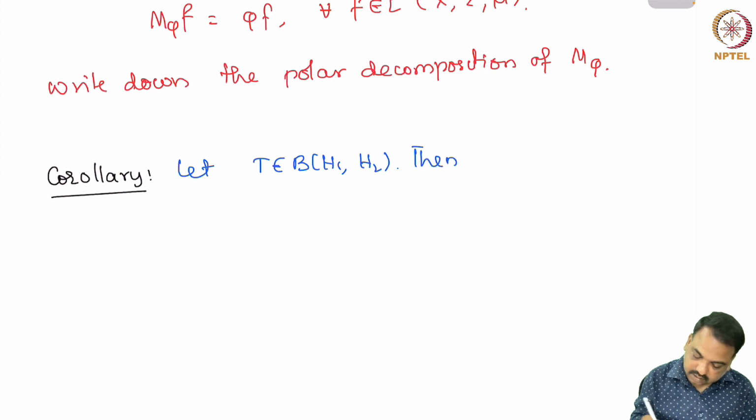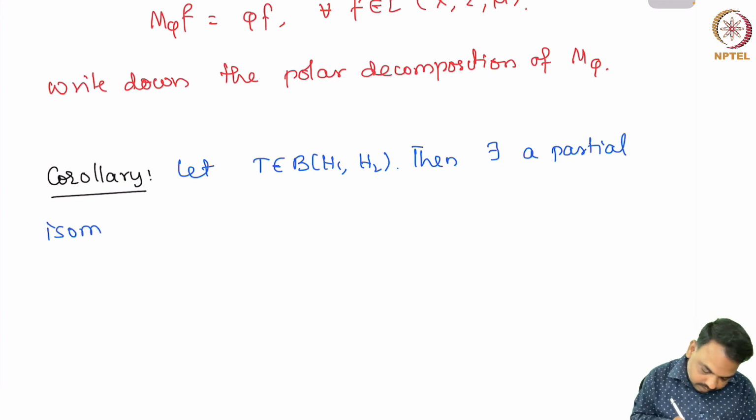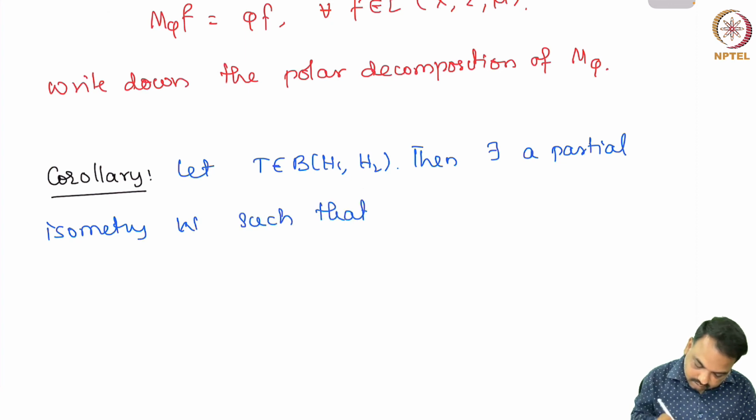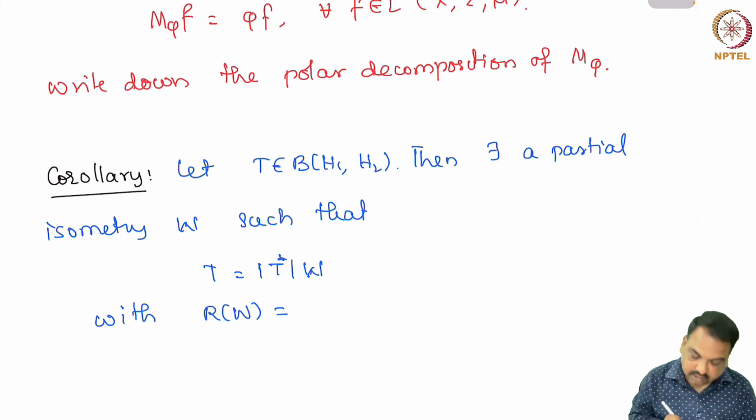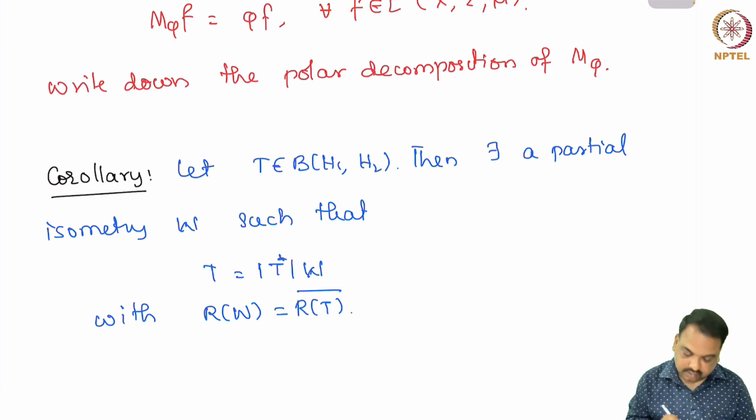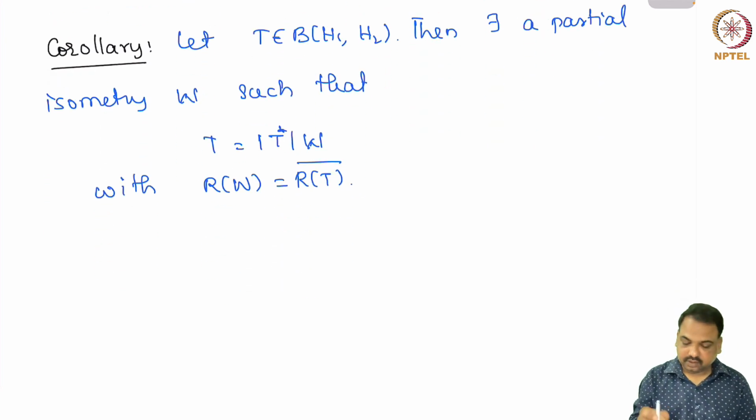Then there exists a partial isometry W such that T equals |T*| W, which satisfies range of W is exactly the closure of range of T. So the idea is simple.